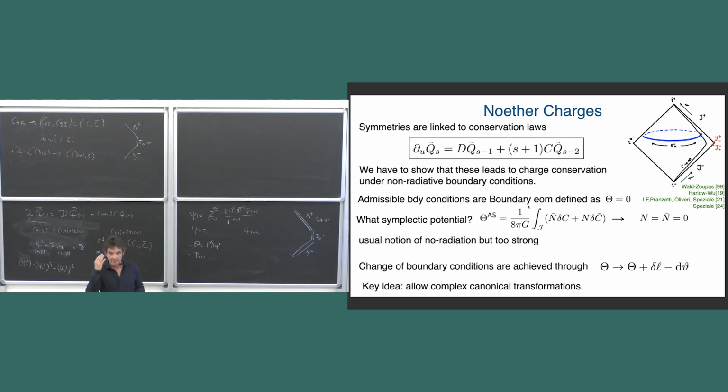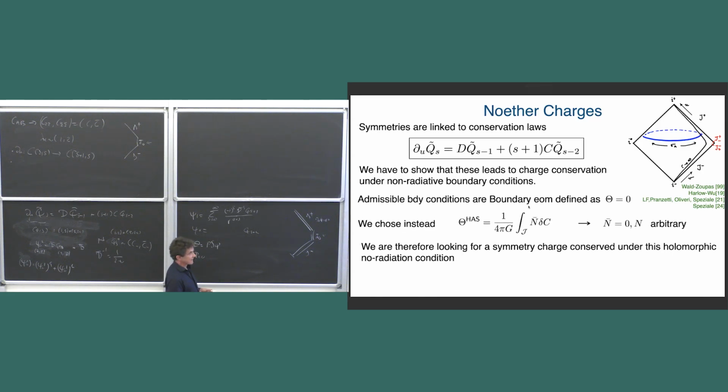So defining the symplectic potential and defining the boundary condition are the same. The key idea here is to allow a complex canonical transformation and write the symplectic potential. Remember here there was a 1/8 pi. It turns out that by adding an L and adding a corner term, I can change this symplectic potential to a holomorphic version, which is just 1/4 pi, n bar delta C. And this is the symplectic potential which maximizes the amount of symmetry. That's why I'm picking it.